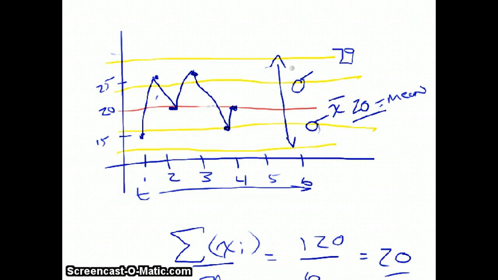And our lower 2 sigma control limit would be 11. Okay, so now we have a process that varies between the 2 sigma control limits of 29 and 11. We haven't used Excel, we haven't used anything other than our fingers and a little bit of math, and we've made a statistical process control chart with 2 sigma control limits.